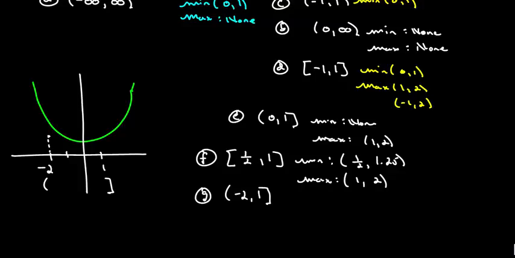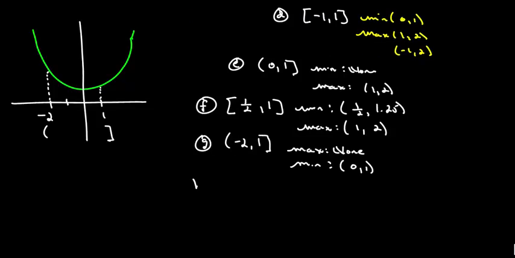At -2, we're clearly higher than at +1. So this is where we would like to have our maximum, but we never reach -2, so we can always squeeze just a little bit higher. So that gives us no max. So max, there is none. Now the minimum, well look, that contains this point right here, which is at 0, so there is a minimum at (0, 1).